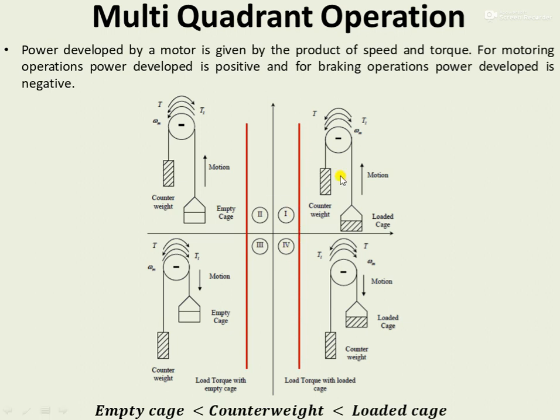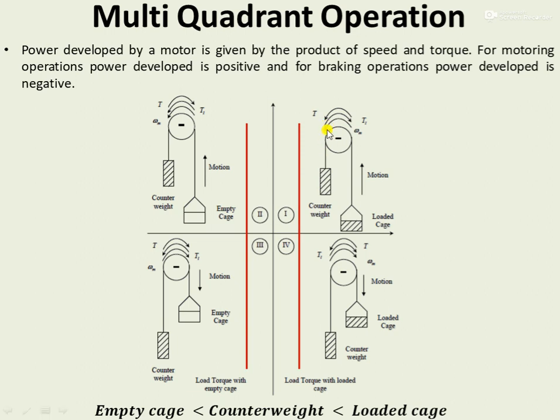In further analysis, I can say that in the first quadrant operation, the motor torque is actually in the counterclockwise direction, whereas load torque is in the clockwise direction. The motor torque which is in the counterclockwise direction is assumed to be the positive torque.